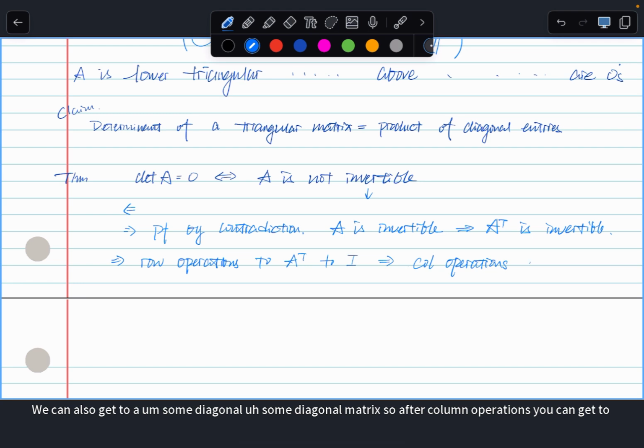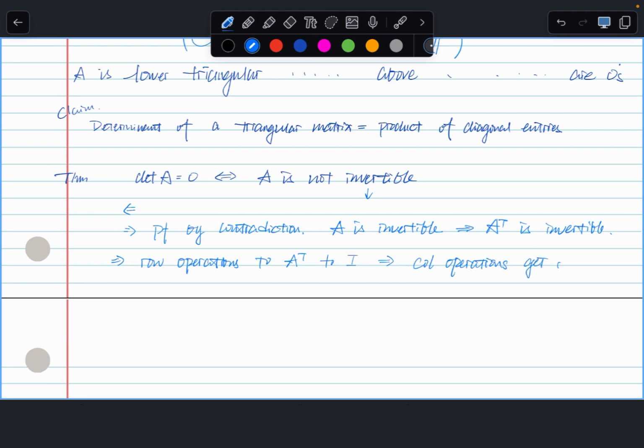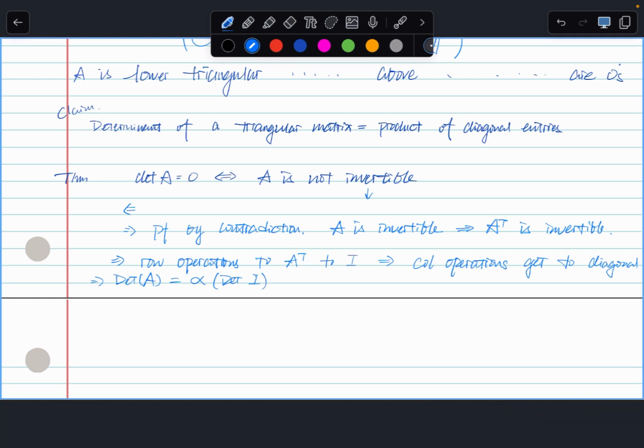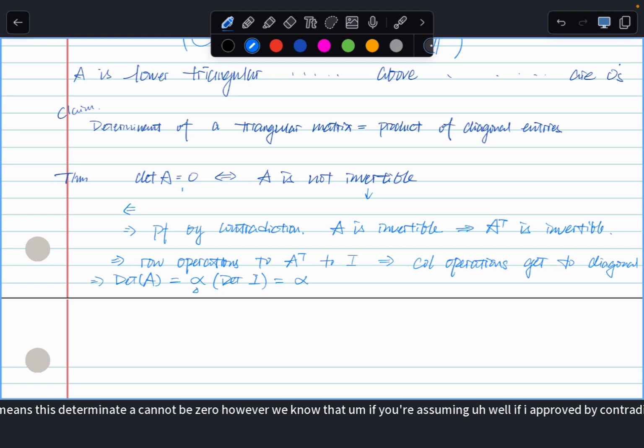Now a diagonal matrix means the determinant of A will equal some determinant of alpha multiplied by the determinant of I, which is just alpha multiplied by 1. And this alpha is not 0. So that means the determinant of A cannot be 0.